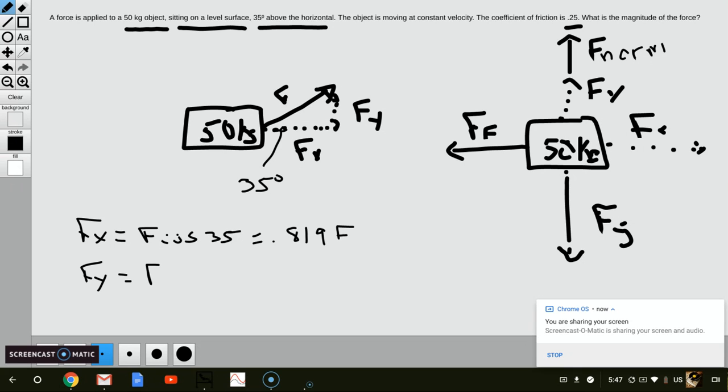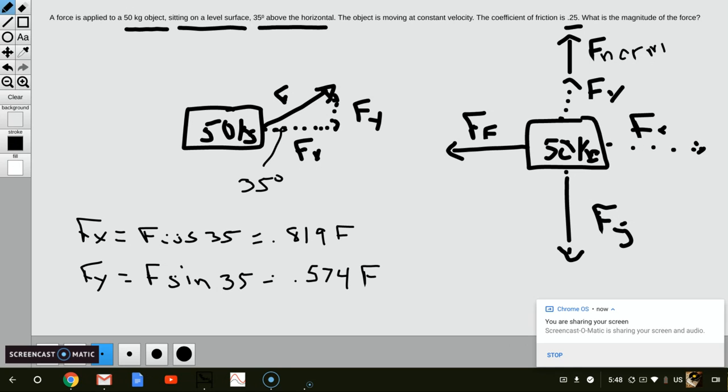Fy is going to be F sine 35, and that's going to come out to be 0.574 times F. The reason this is important is because we're going to have to use this later to solve this problem.